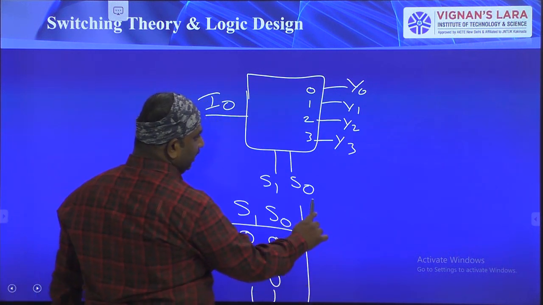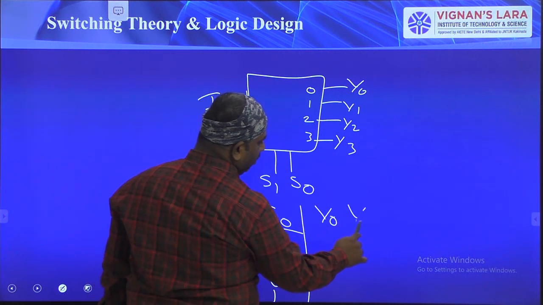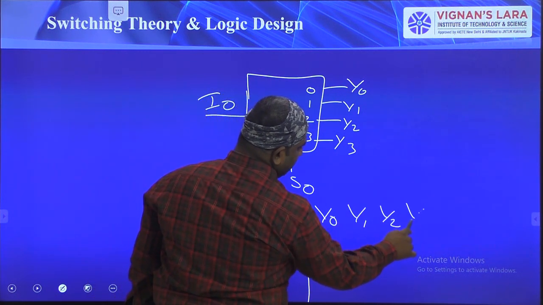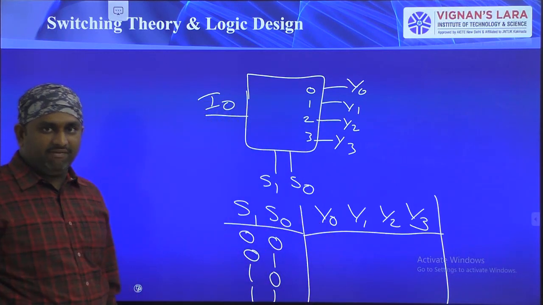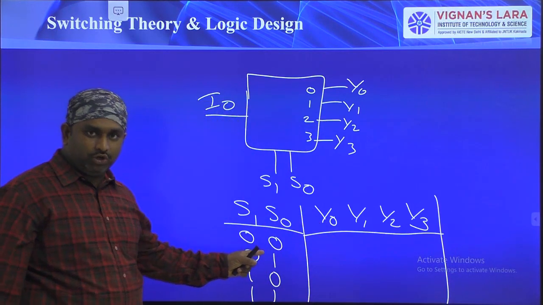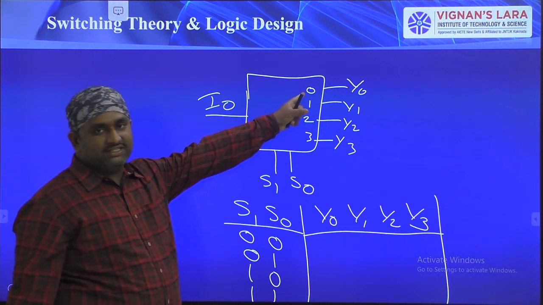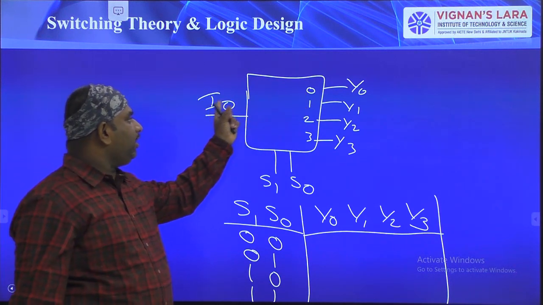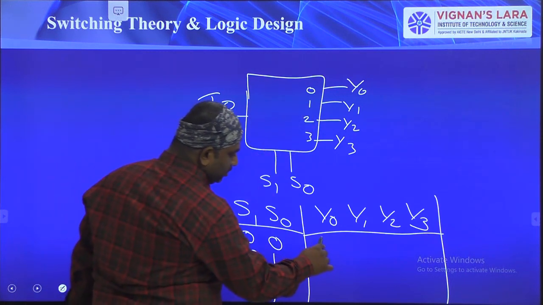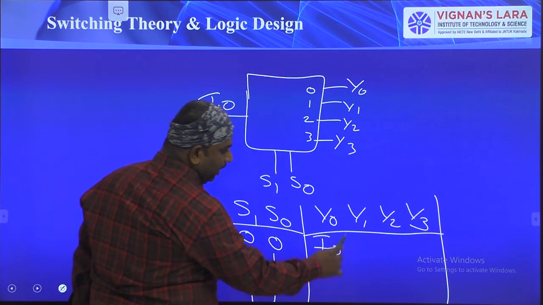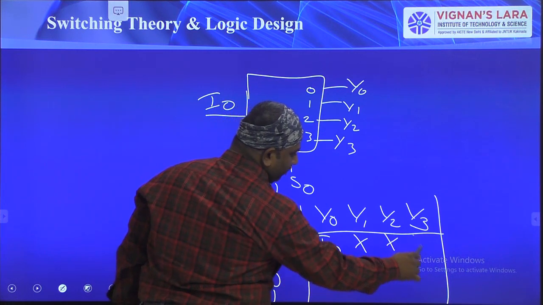And coming to the outputs, Y0, Y1, Y2, Y3, 4 outputs are available. Now, if you select 0 0, then it will select the 0 line. That means I0 is available at Y0. So Y0 is equal to I0, and for the remaining outputs there is no information.